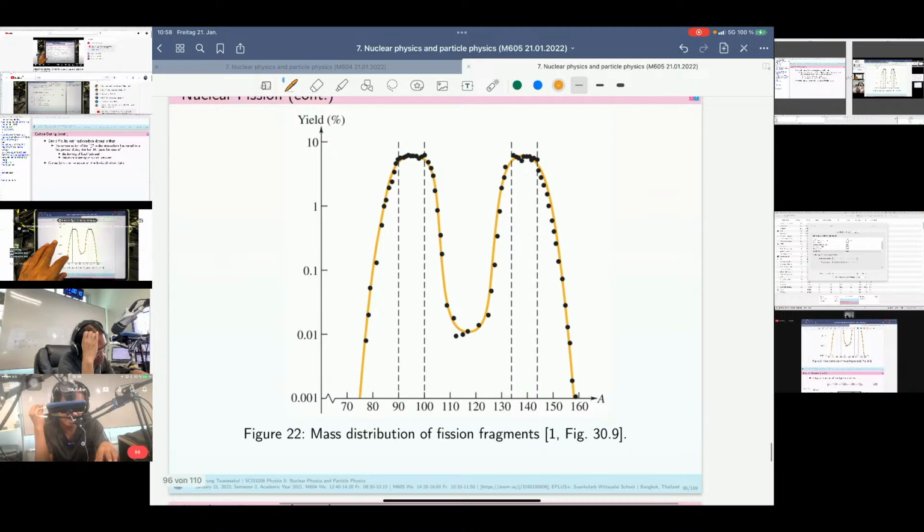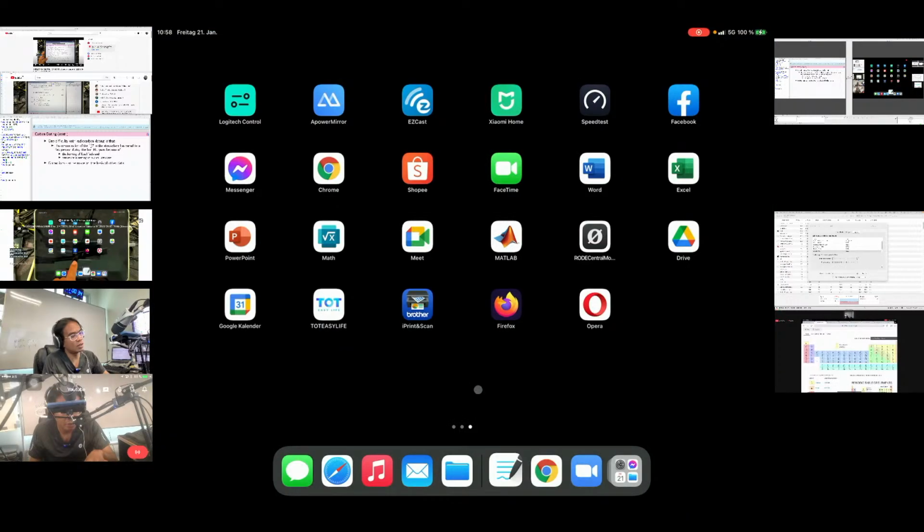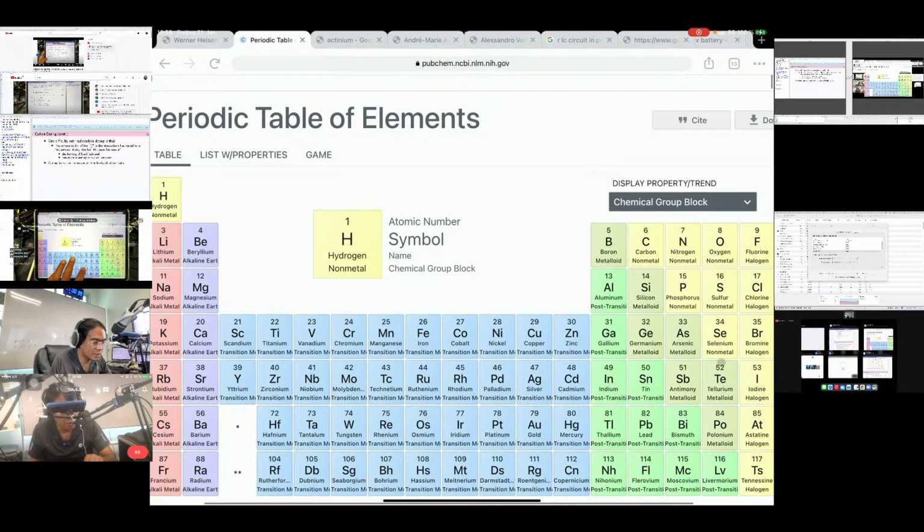This is 140, and 141 is a little bit to this side, right? 141 nucleons, and we get 56 protons for barium. The number of protons remains 56. Where is that? No, 56 is here. Oh, sorry for that. Barium, 56, here.